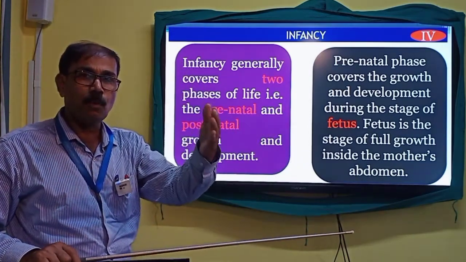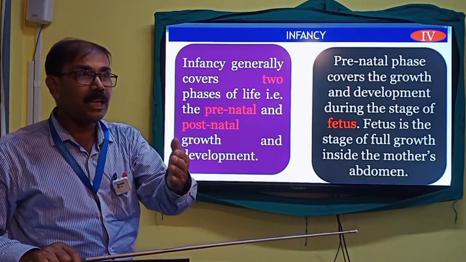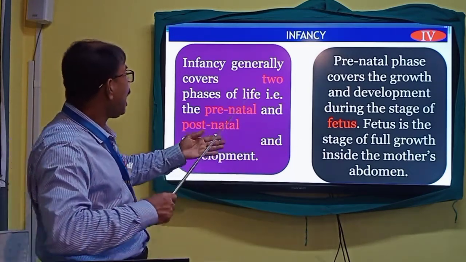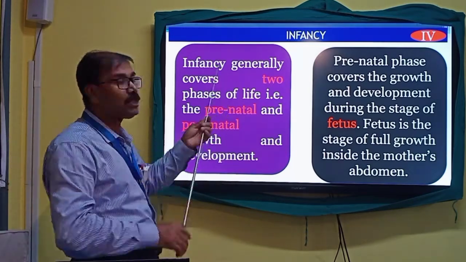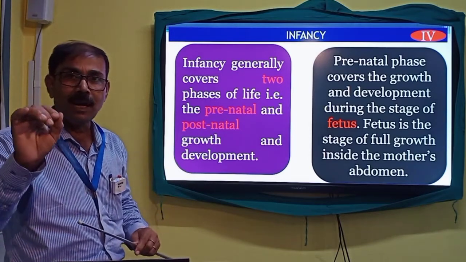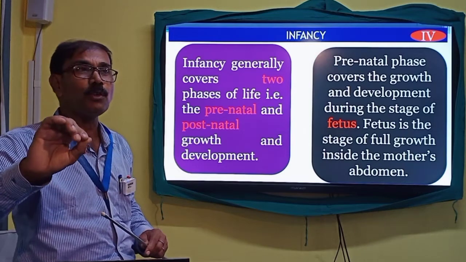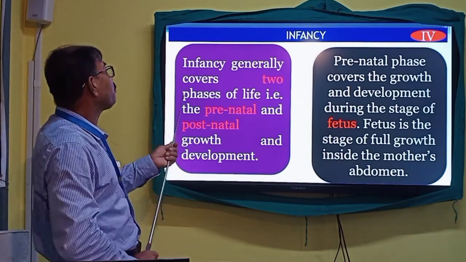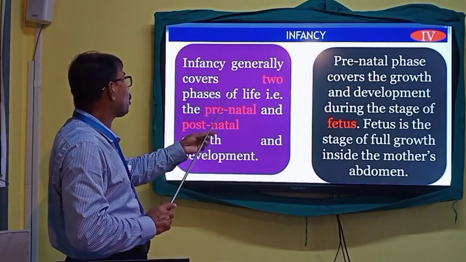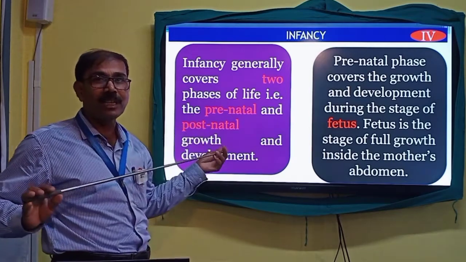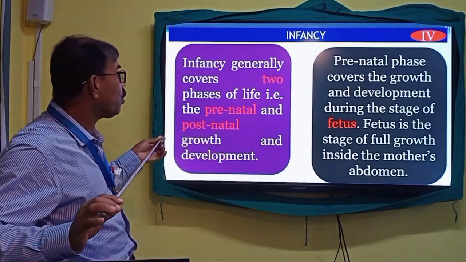This phase of life has special importance after the birth of a child, and that's why, when considering the significance of infancy from the standpoint of growth and development, we find two phases: one is prenatal and the other is postnatal.